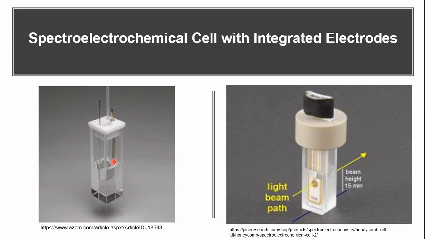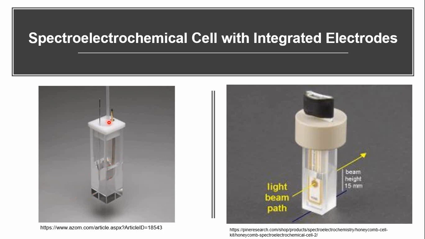Now the one you see over here is used by the spectroelectrochemical system given by Pine Research, and this one is the one used by another spectroelectrochemical system. You can see that again this is apparently a quartz or a glass electrode through which the light can pass.